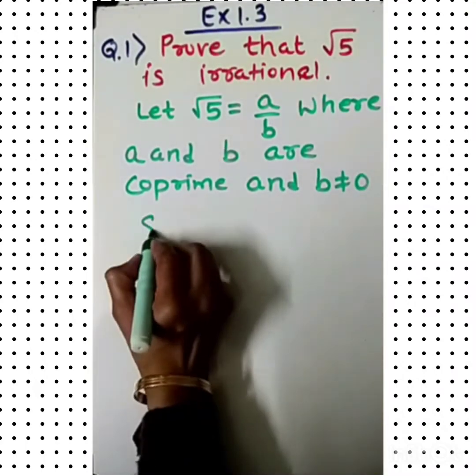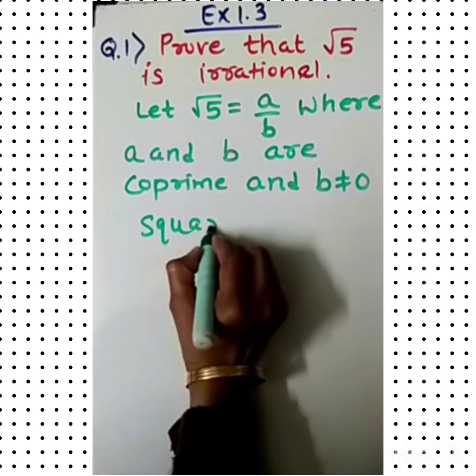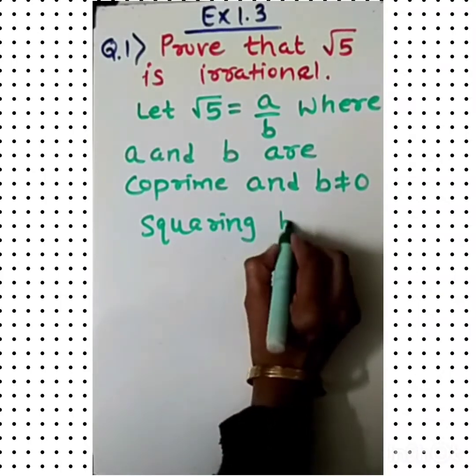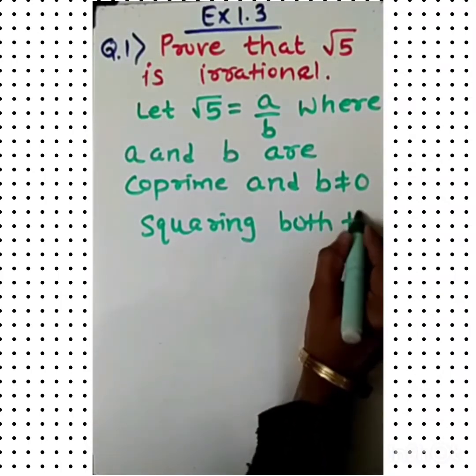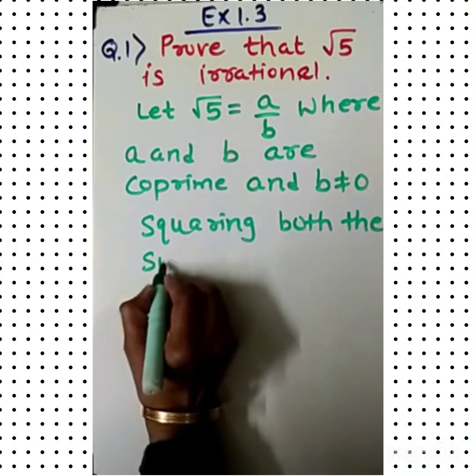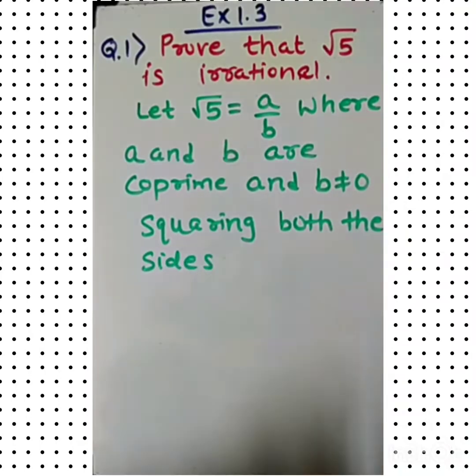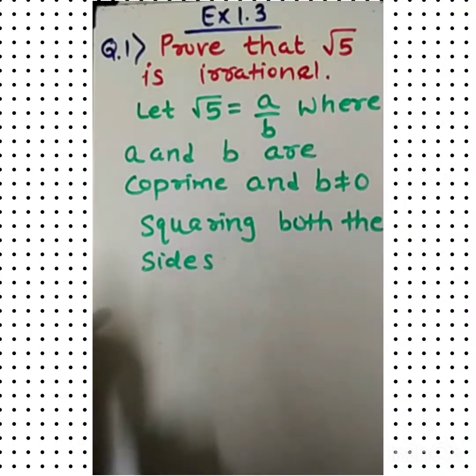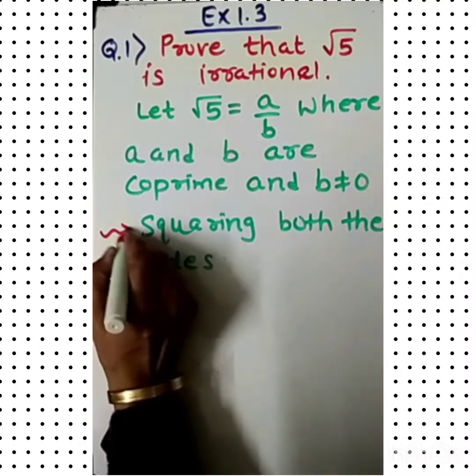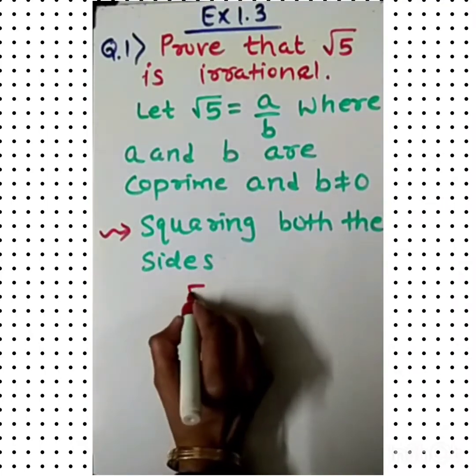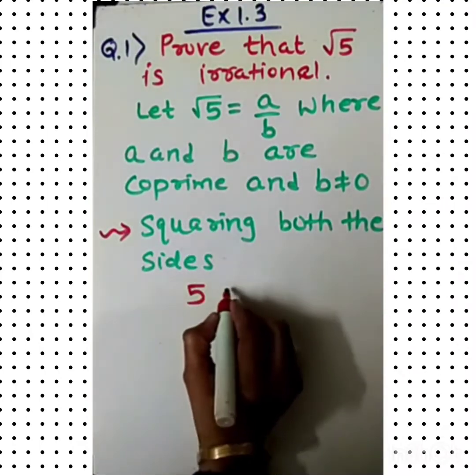Now squaring both the sides. If we square both the sides, then of course root 5 will become 5.